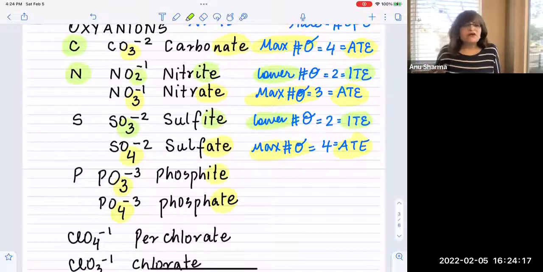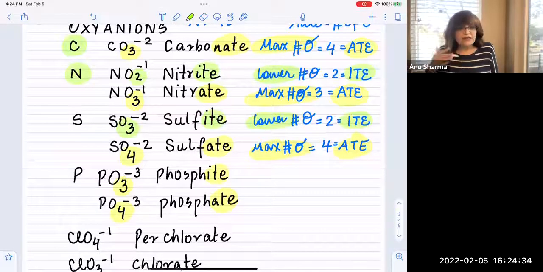No, sulfur, lower oxidation state is with 3 oxygens. So the name is sulfite. But sulfur has a maximum capability to combine with 4 oxygens, and more oxygens can come in sulfur. So the higher oxidation state in sulfur is sulfate, and that is SO4, 4 oxygens.